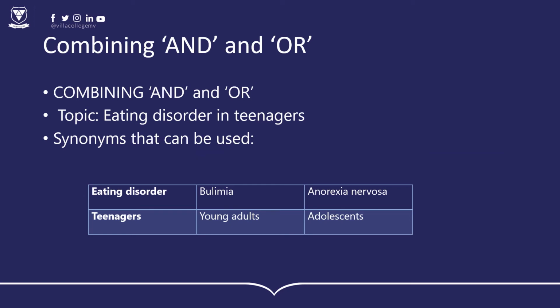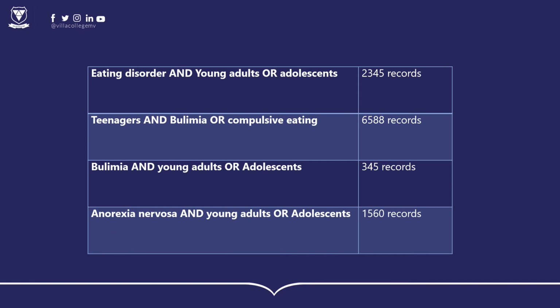Databases allow you to combine Boolean operators using search boxes. The table shows synonyms that can be used for the topic eating disorder in teenagers. After you have searched for the synonyms, you can make different search strings to retrieve records.